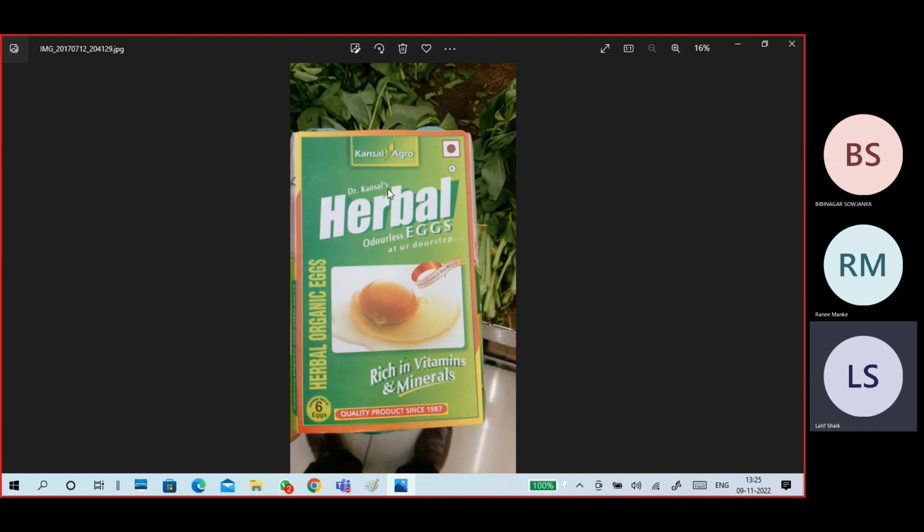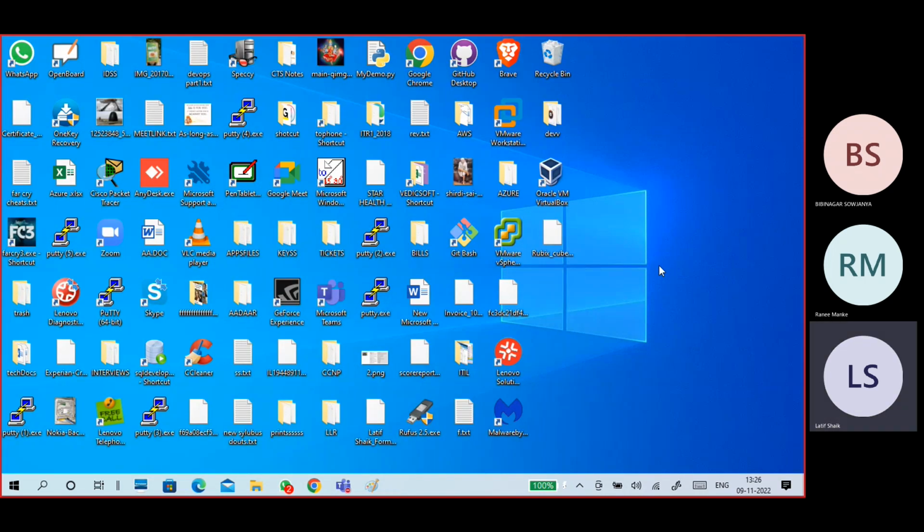Doctor consulted, rich in minerals, rich in vitamins. For so many years, people didn't know. Since 87, people didn't know there is an egg like a plant-based egg. It's a herbal egg. Herbs are there. Organic eggs. Okay, that is what I am trying to show you.